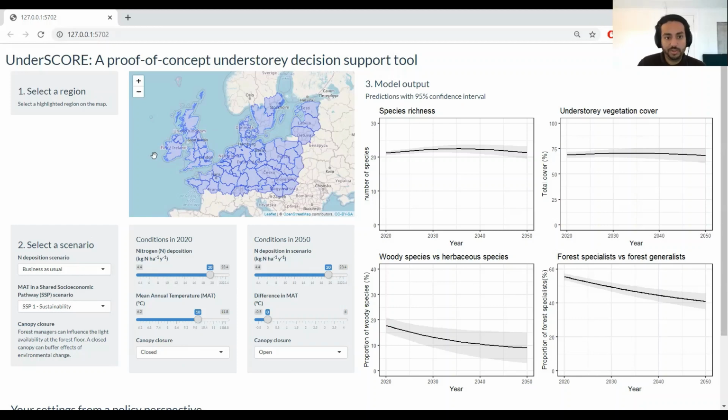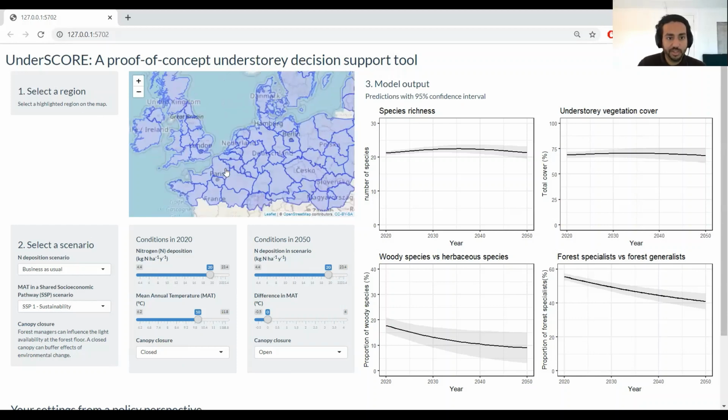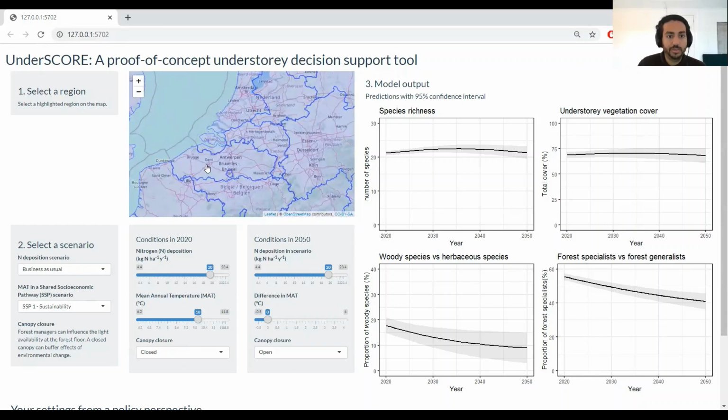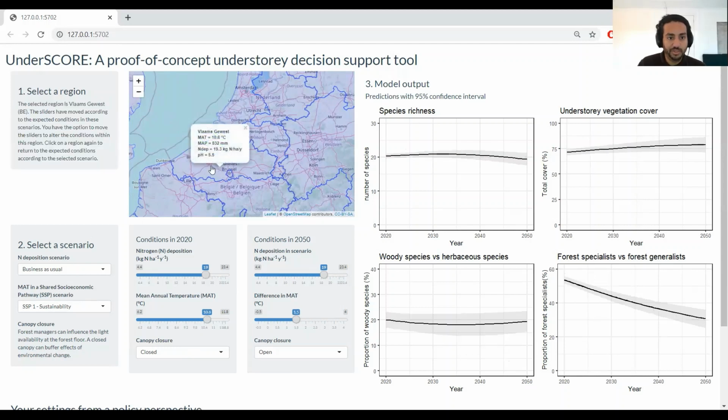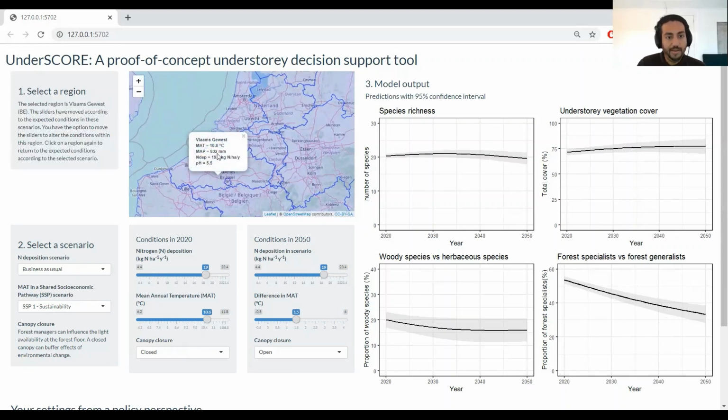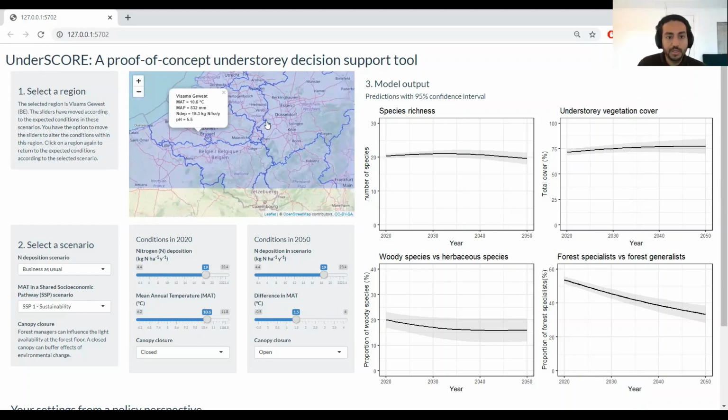I'll start the simulation by selecting a region, and I'll select Flanders because I live here, in the region of Ghent, in the city of Ghent. We have some environmental variables that are put into the model: mean annual temperature, precipitation, nitrogen deposition, and also pH, so soil acidity, is taken into account.